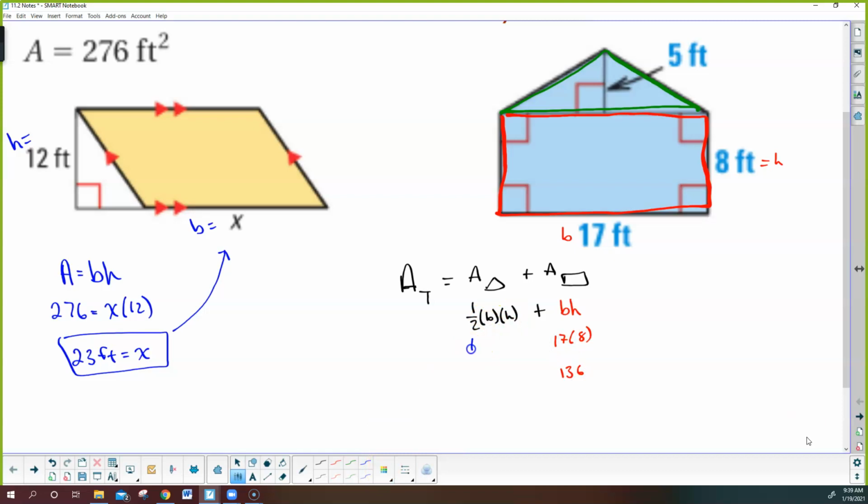And let's do this in blue. The triangle then, the triangle's base is the same length as the base of the rectangle. So that's 17. And the height is the distance from the base to the top, which is 5. And then we can multiply that out.